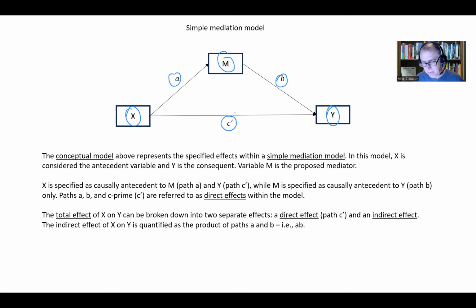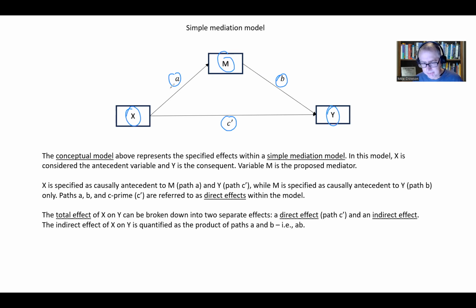Basically, each of those single-headed arrows represents a proposed causal association between the variable at the tail and the variable at the head of each of those arrows. So each of those is referred to as a direct effect within our model.